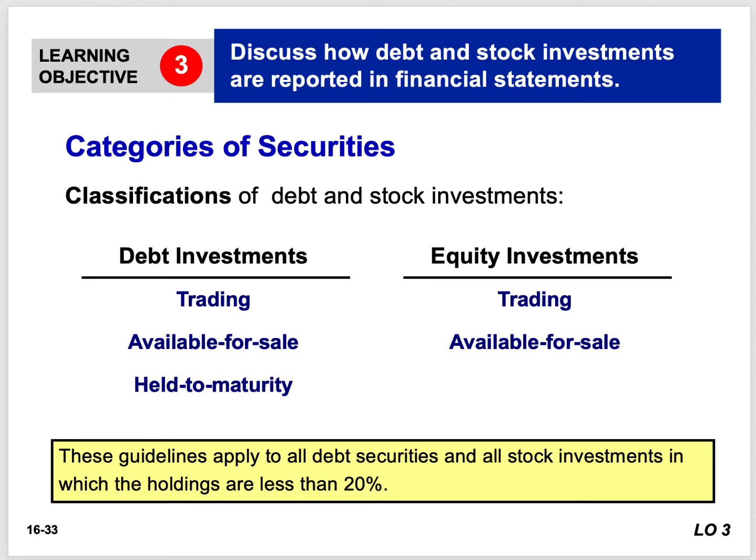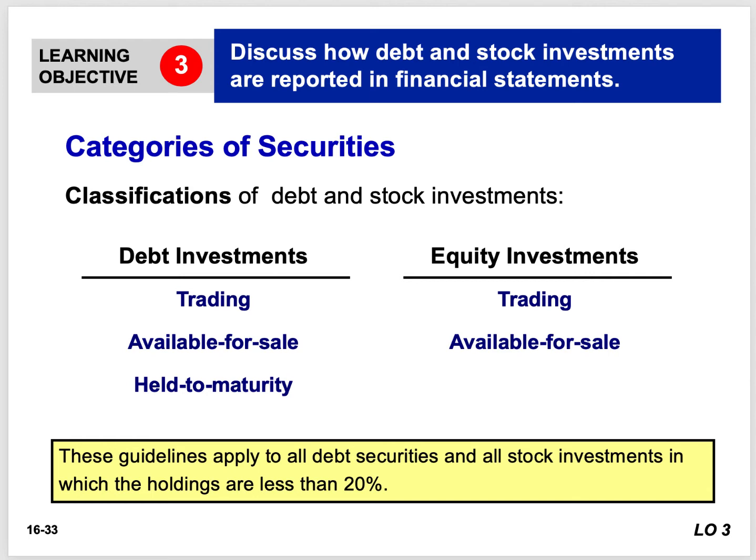I don't think this is as popular as it used to be, but people would trade penny stocks, and penny stocks would be an example of trading securities. We're buying them, holding them for the simple purpose to sell them in the near future to capitalize on some short-term price differences. We can do the same thing with bonds.